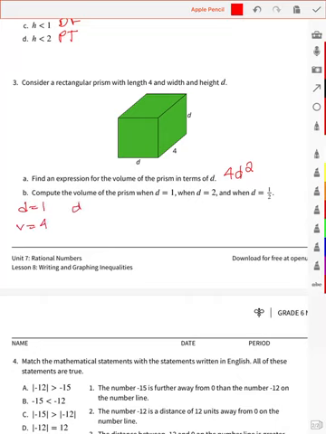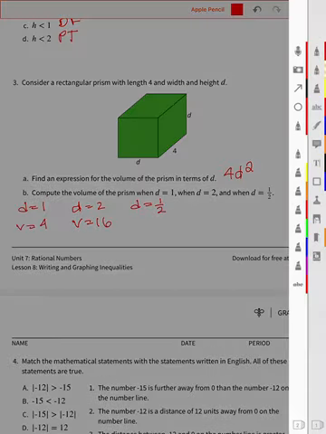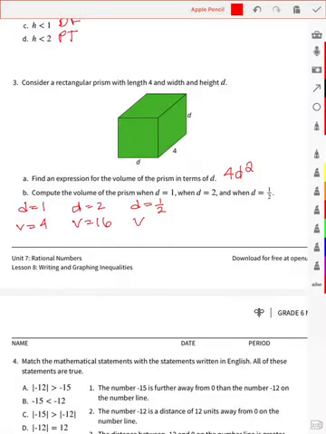When D is equal to 2, it's 4 times 2, which is 8, times 2, which is 16, so the volume would be 16. And if D is 1/2, then 4 times 1/2 is 2, and 2 times 1/2 is 1. So the volume is going to equal 1.